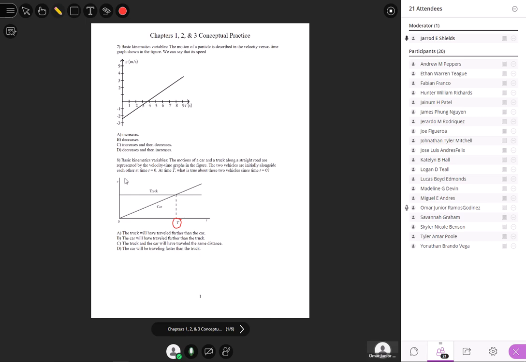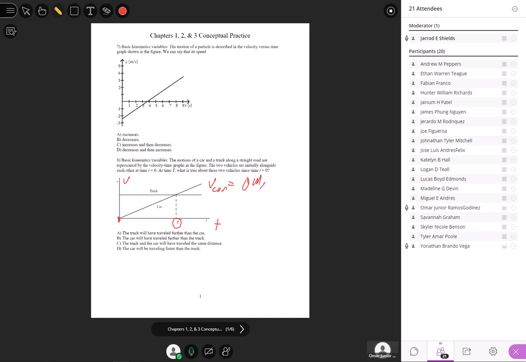Now notice, if you can't see it, this is the velocity, and this is the time in seconds. So what would we say when we start at time 0? What is the velocity of the car at time 0? Someone chime in. Anybody? 0. Very good. It's 0 meters per second.